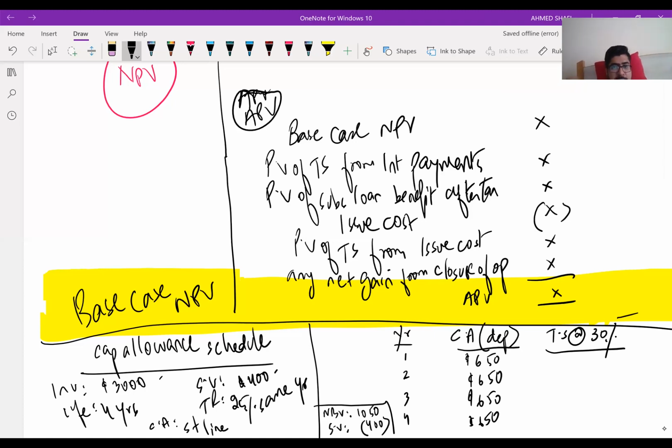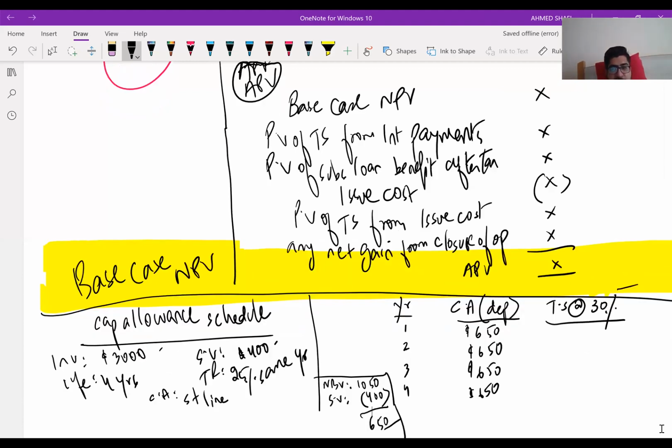And we have discussed multiple times depreciation reduces profits, so will reduce tax. 650 depreciation means profits get reduced by 650. Tax will reduce by 30% of 650. Tax rate is 25%, sorry.